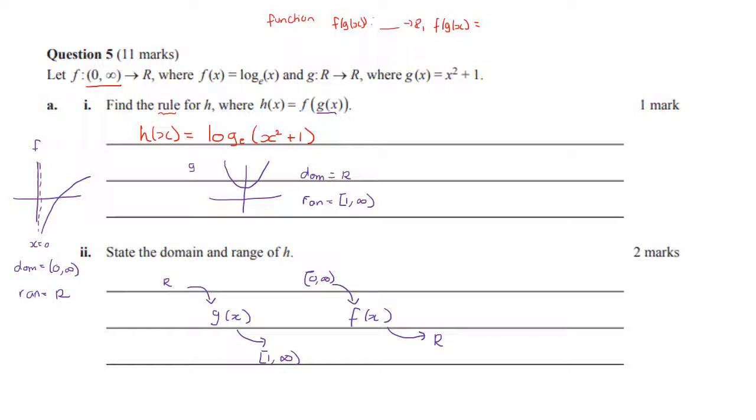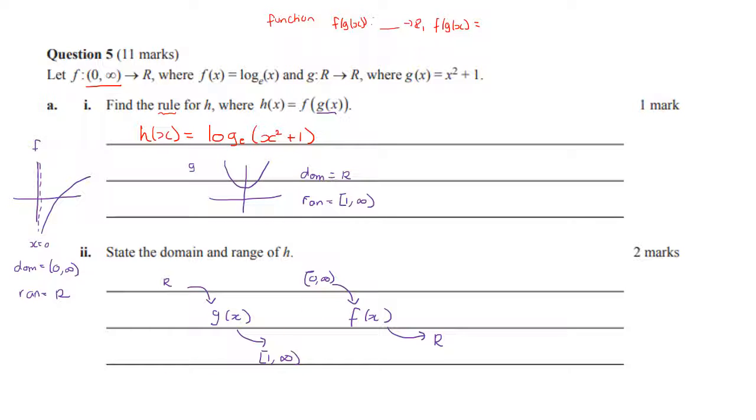Now remember what I said earlier, we want these two subsets here to be equal. Because they are not, that is going to change something. Now does this function exist? Is the range of g of x a subset of the domain of f? Yes, it is.